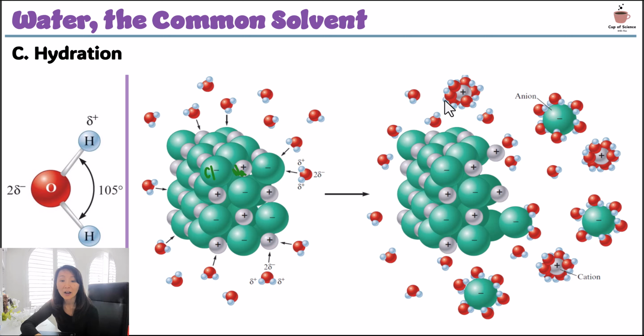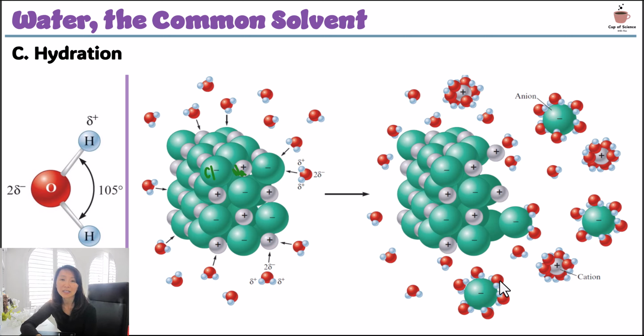This is known as hydration. It's literally hydrating around the anion and the cation and pulling them apart, allowing this pulling action of the positive and negative ions to separate from each other.